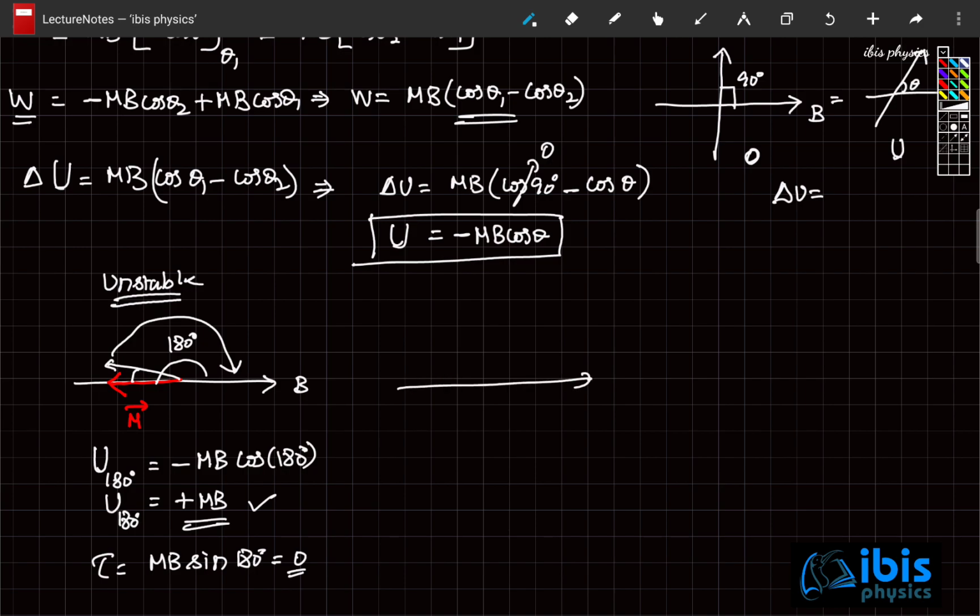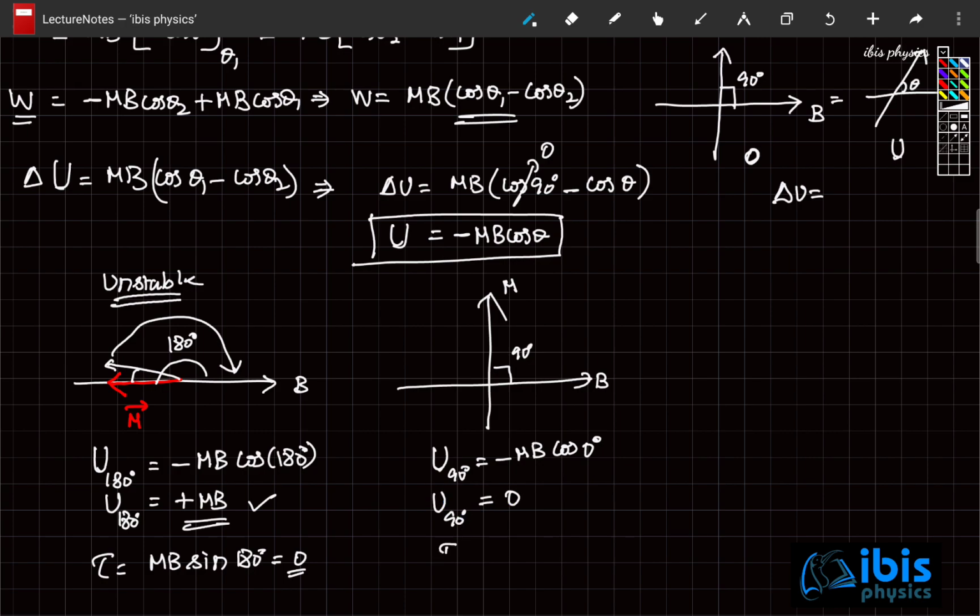Suppose the dipole is at right angle to the field. This is the field, this is the magnetic moment. The angle is 90 degree. As we have seen, the energy of a dipole at 90 degree equals minus mb cos 90 degree. Cos 90 degree is 0.